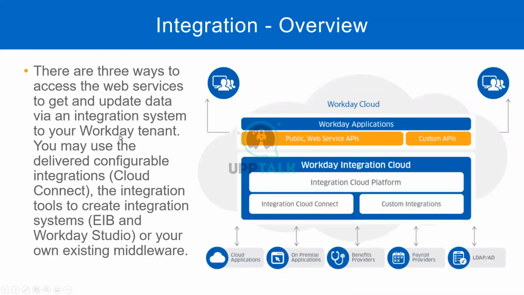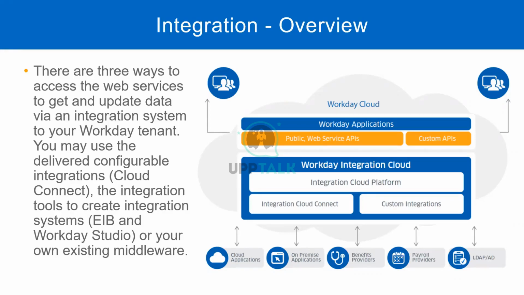Let's quickly remind ourselves of the different integration methods that we have with Workday. There are three ways to access the web services, to get and update the data via an integration system. Workday offers three different ways.